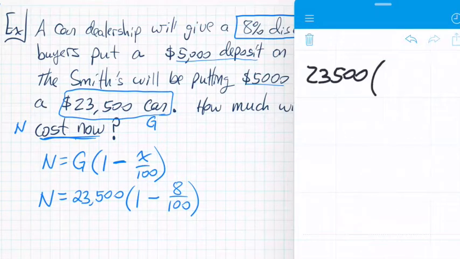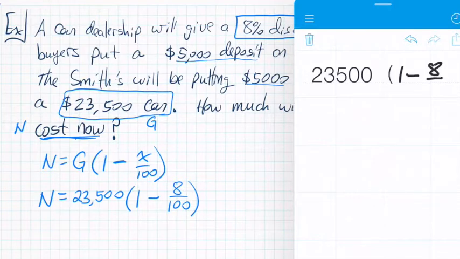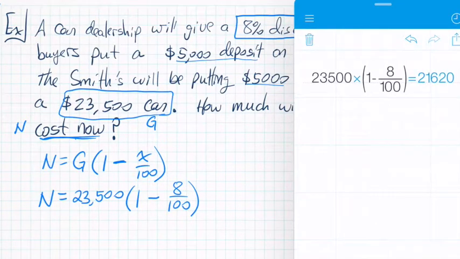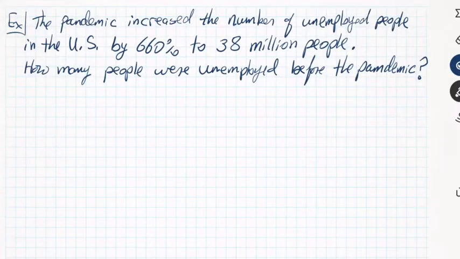Make sure you put parentheses in your calculator, otherwise it's not going to give you the right answer. But you can type it all in one fell swoop like this and get our answer of 21,620. So the cost of the car is going to be 21,620.